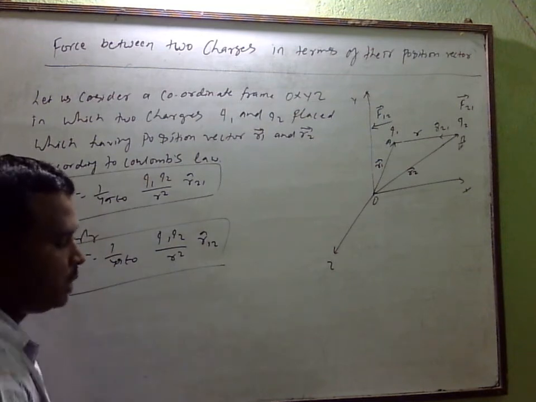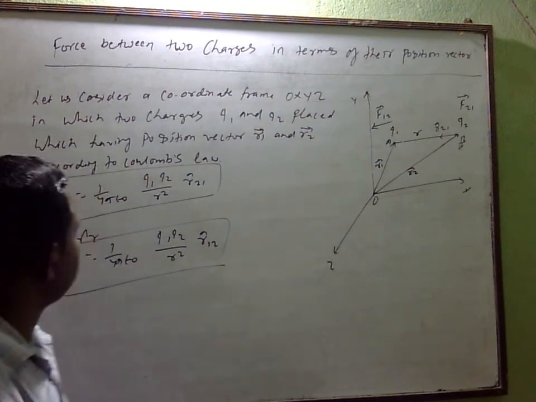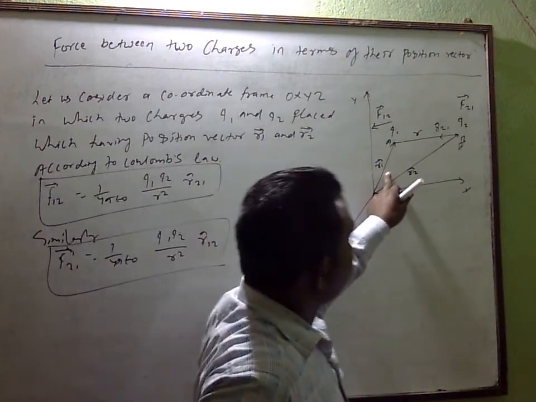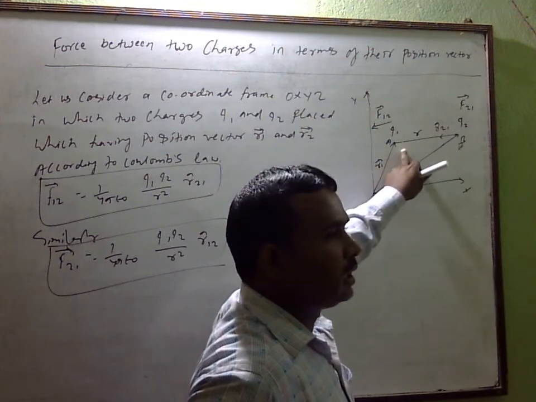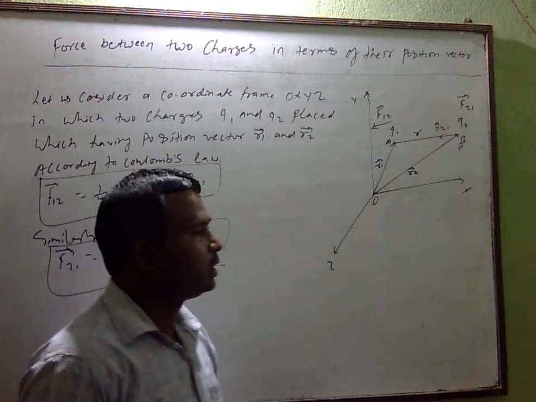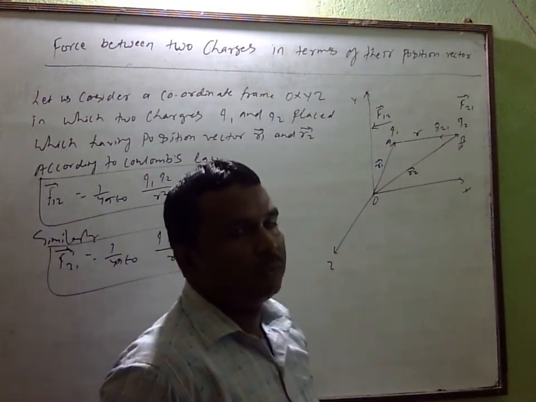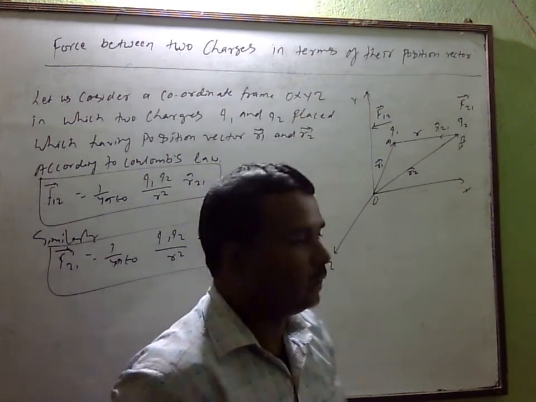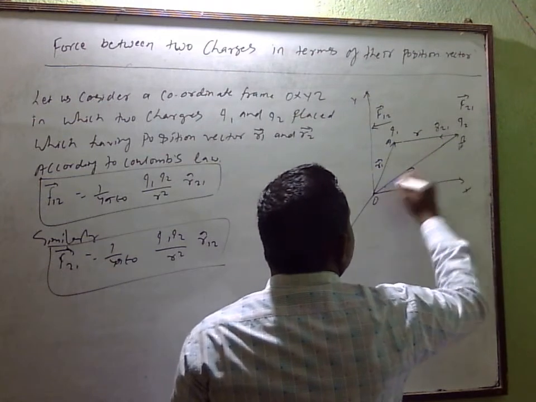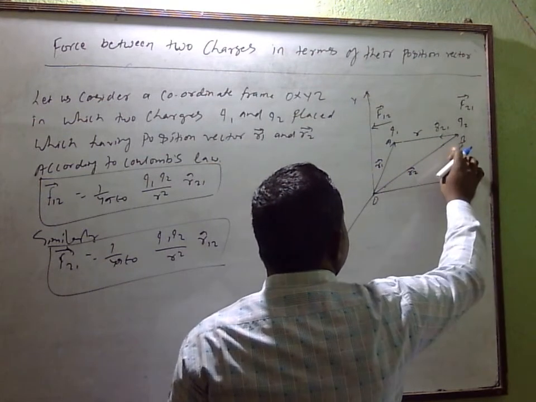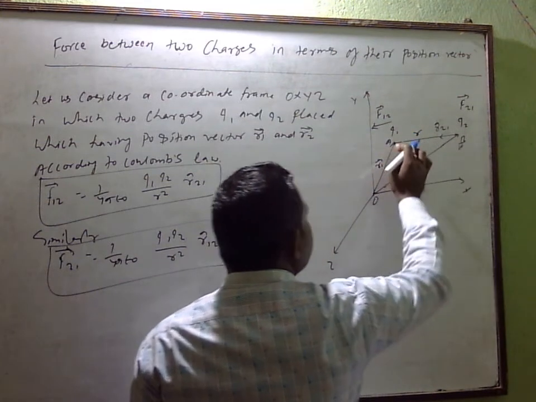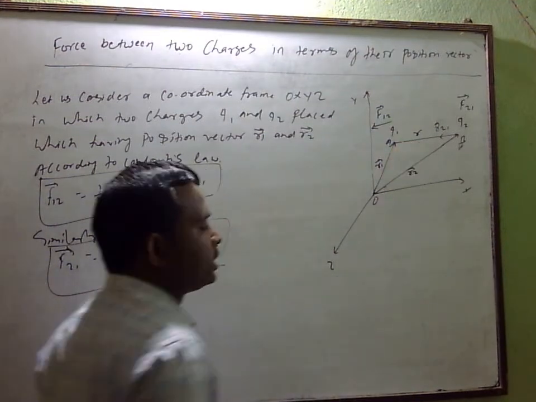So we got these two formulas, F12 and F21. But here the figure is in the shape of a triangle, and in the vector chapter you studied the triangle law of addition of vectors. The direction is from this side, so OB plus BA equals OA, because according to directions we have to add.